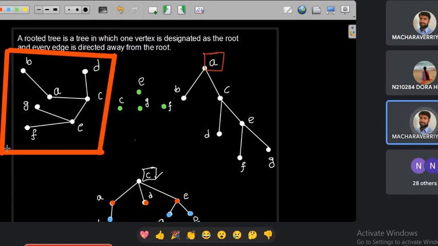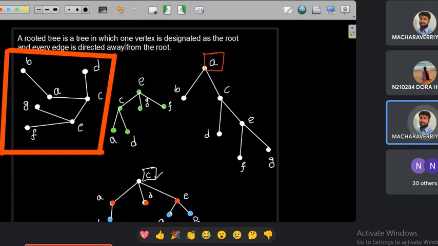Let me establish the connections. Next, C has how many connections? It has 3, because the adjacent vertices are D, A, and E. E is already taken care of, so no need of drawing it. So except E, there are only 2, one is A, the other is D. I hope we got all. Now this is the tree rooted at the vertex E.